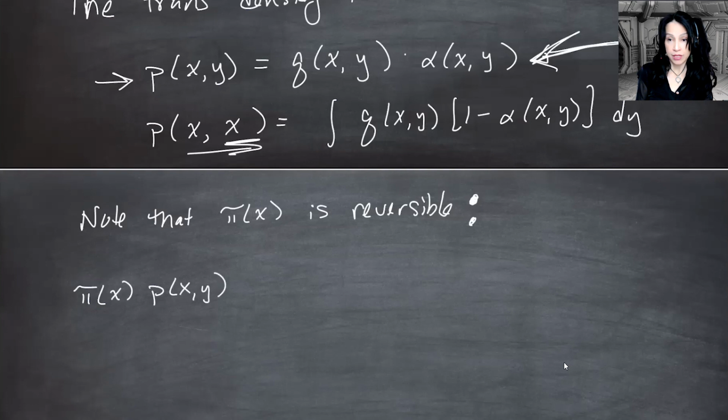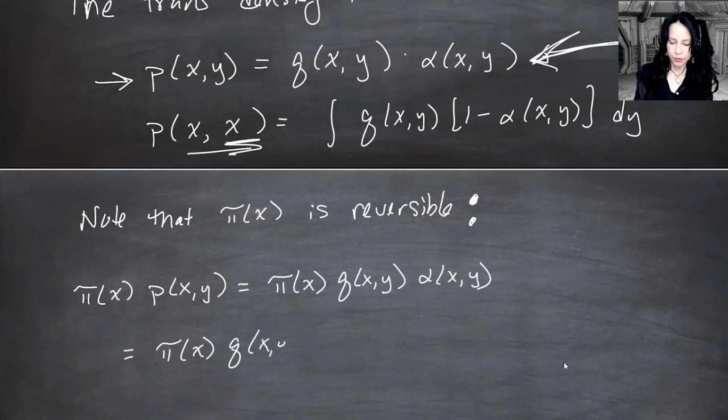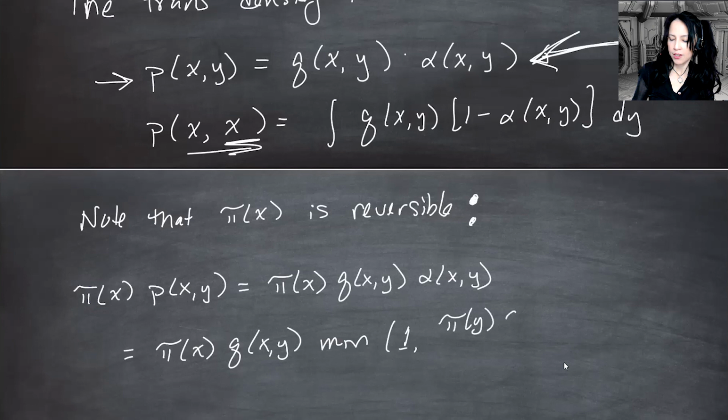We want to show that this is pi of y, p y x. So what is the definition of p x y? It is q x y, alpha x y. And what is the definition of alpha? This was formed by a minimum of 1 and pi y q y x over pi x q x y.